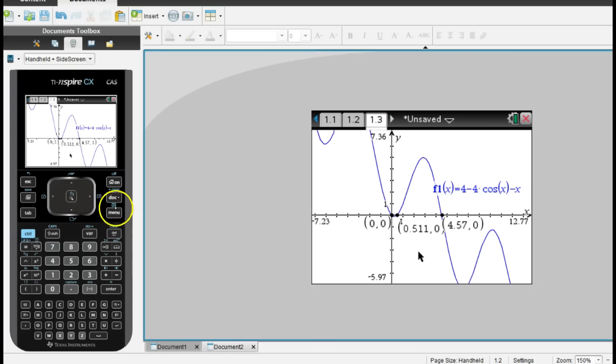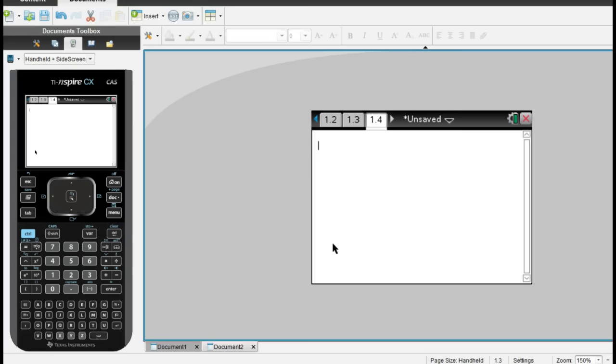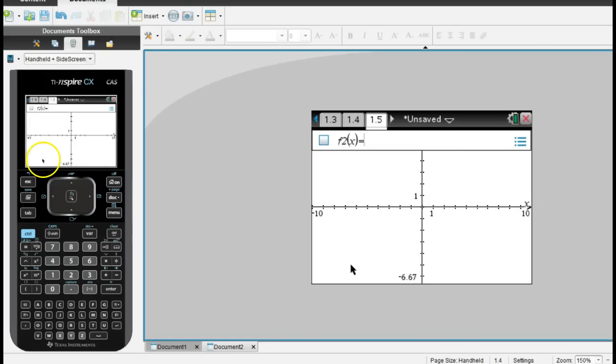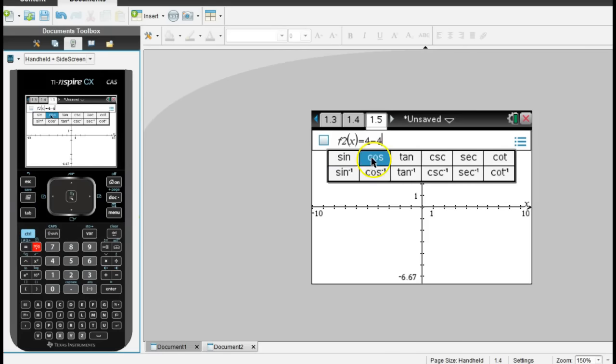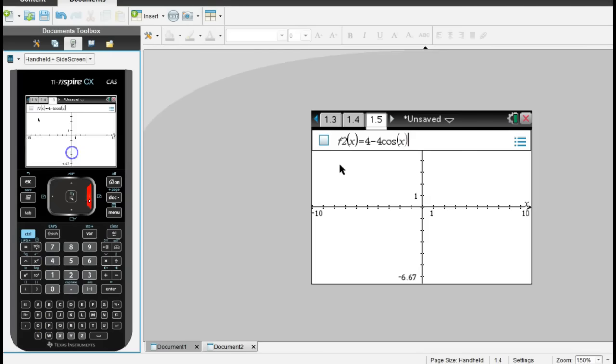If we go back into a calculator, or actually no, it's going to be better to graph that, isn't it? So we put in here 4 minus, what was it? 4 cos, 4 minus 4 cos x, minus x.